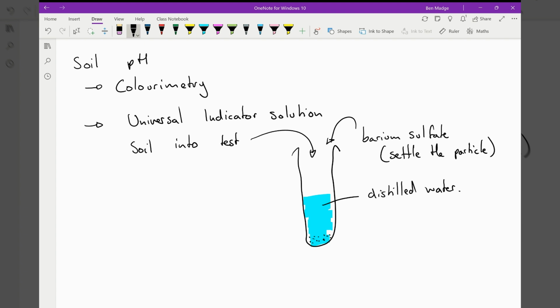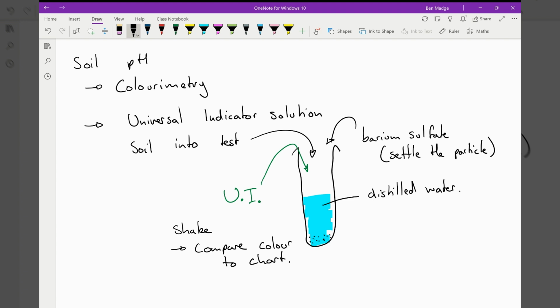We then add our universal indicator. We shake it for 15 minutes. And then we compare the color to the chart.